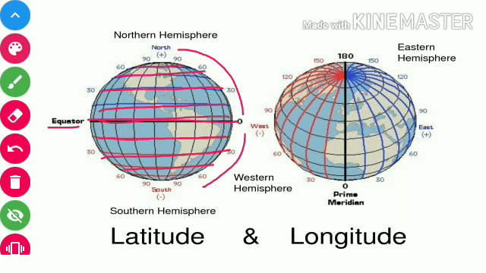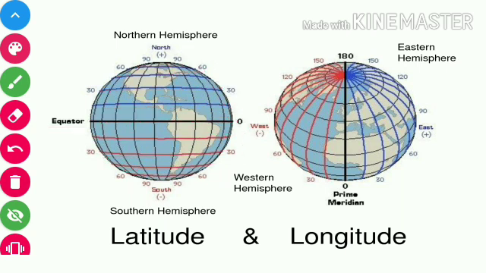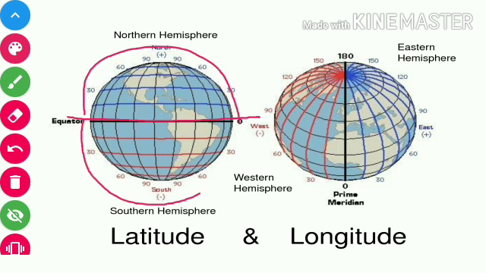Now what is hemisphere? If we cut the globe horizontally from the middle, we get two half circles, semicircles. This semicircle is called hemisphere.